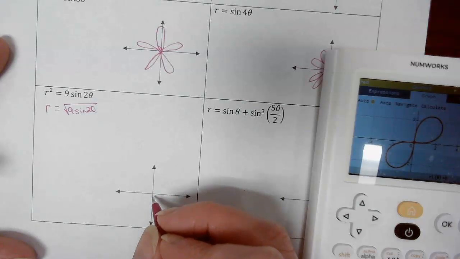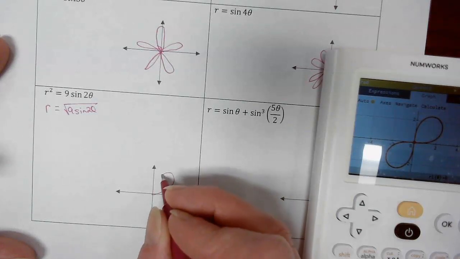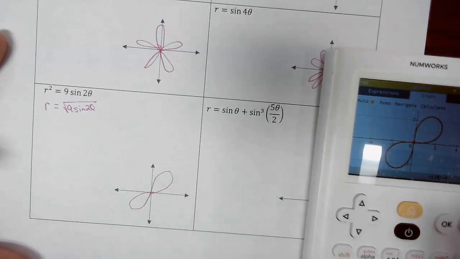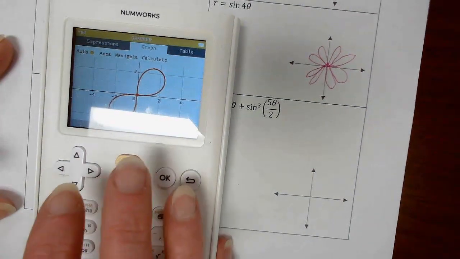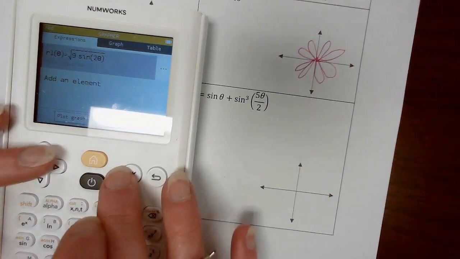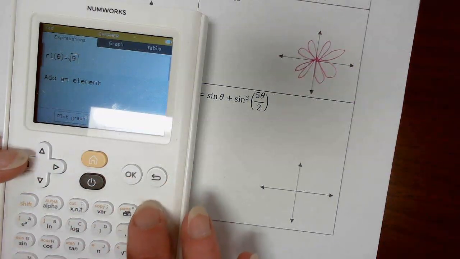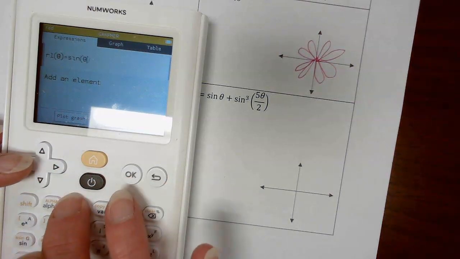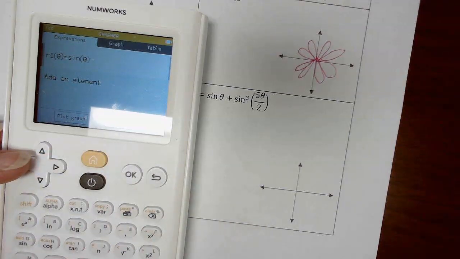Aha. We just got single blades there. Again, I highly suggest don't delete everything or else you start all over.